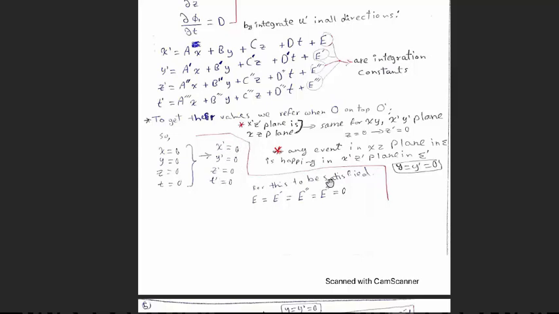But in order for this to be satisfied, we need this integration constant to equal 0. So we applied the case when x dash, y dash, z dash, t dash equal 0, so this constant must equal 0.